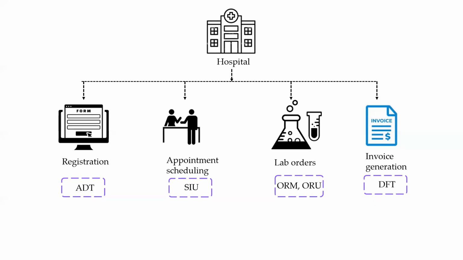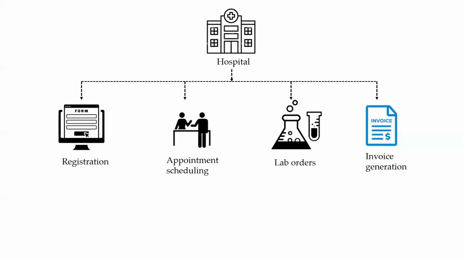Okay, don't worry. We will talk about these full forms again when we actually take a look at each of the HL7 message events in detail, and we will see what are the things that we have. All right. Now, each of these registrations can be further divided into many events.